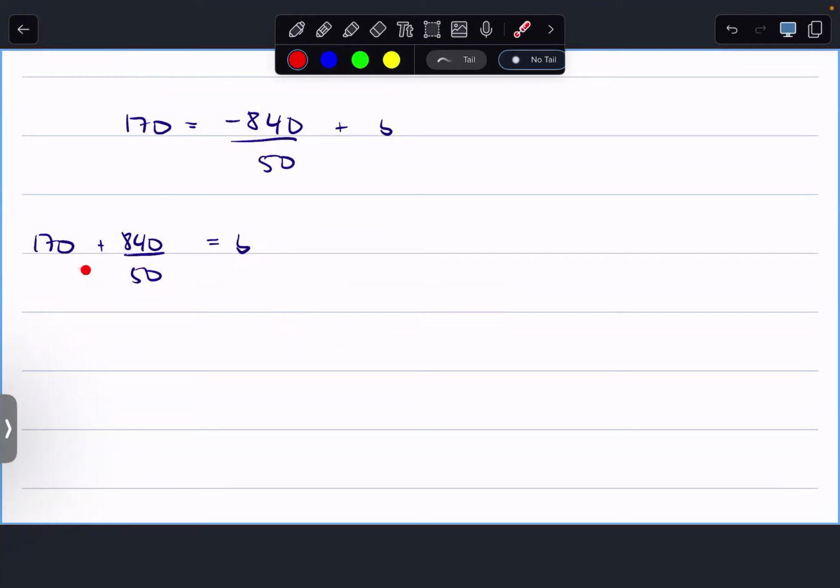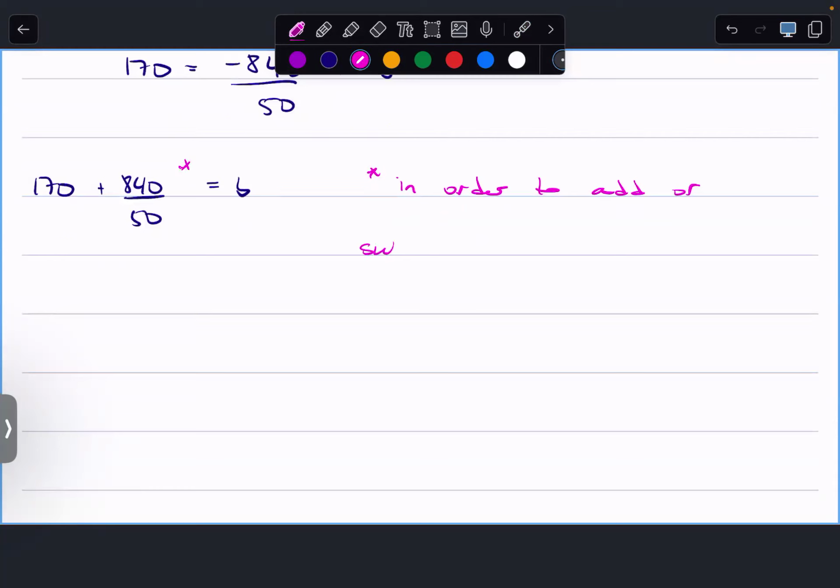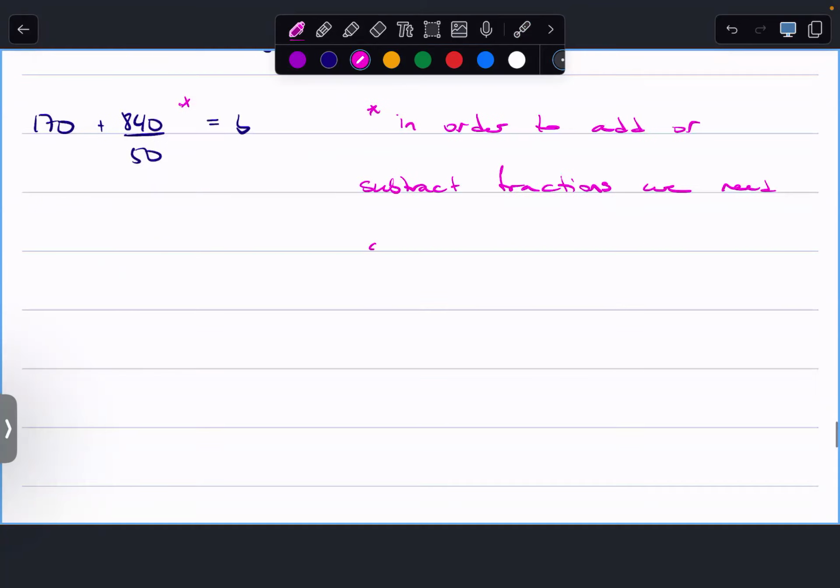In order to add or subtract fractions, I need to have a common denominator. Right? So here, in order to add or subtract fractions, we need a common denominator.